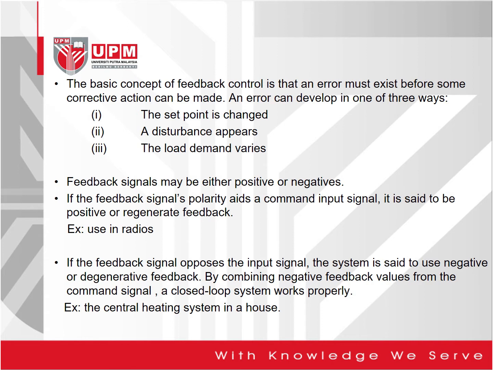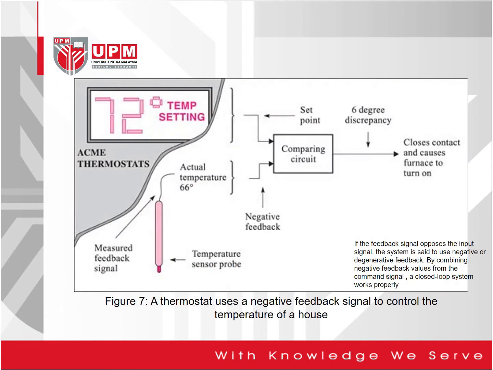By subtracting the negative feedback value from the command signal, a closed loop system works properly. The central heating system in a house is one example of a feedback signal. This is one example of a control system. As you can see, this is the thermostat, which uses a negative feedback signal to control the temperature of a house.